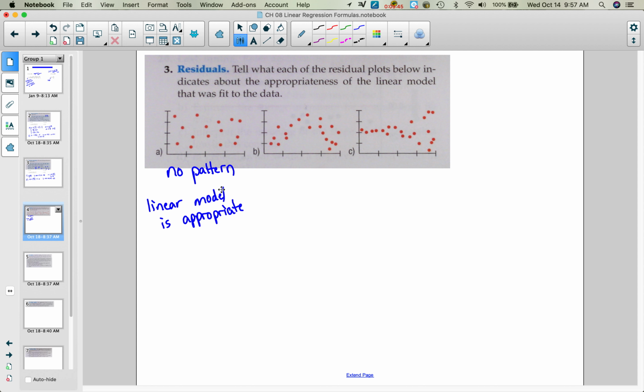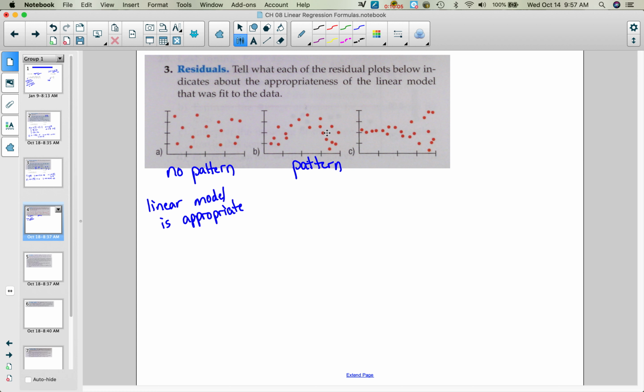Now, it might not be accurate, and we'll have to talk about that probably in class, the difference between saying something is accurate and something is appropriate. But a linear model is appropriate if the residual plot shows no apparent pattern. This one, clearly there is a pattern. You can kind of see they go up, they come back down.